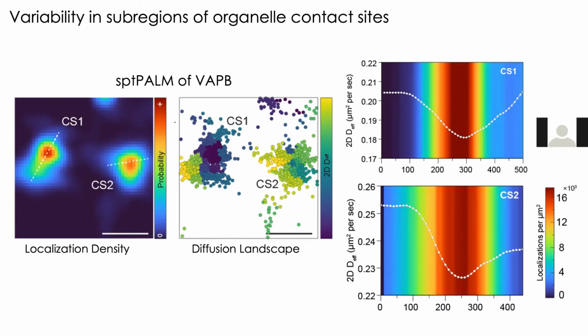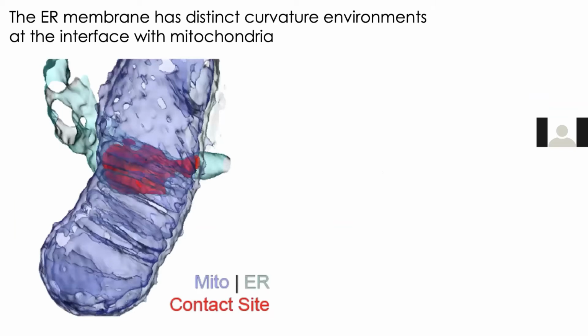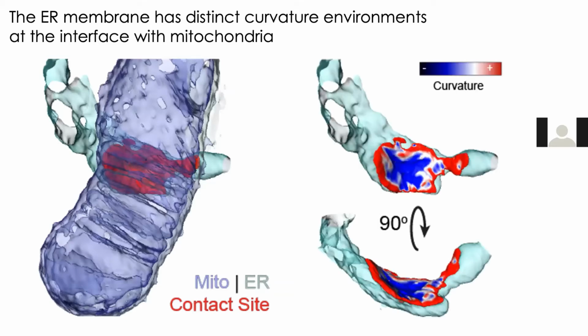So we wondered if we might be able to go back to our 3D EM data set and look for something that might give us some insight into how this is mediated. So here is just an example of a single contact site on a single tubule. I've selected this one because you don't have a lot of extra entry points from the ER that you would get with a more complex structure. But if I remove the mitochondria and color code the ER membrane by its curvature, there's something quite notable about this structure.